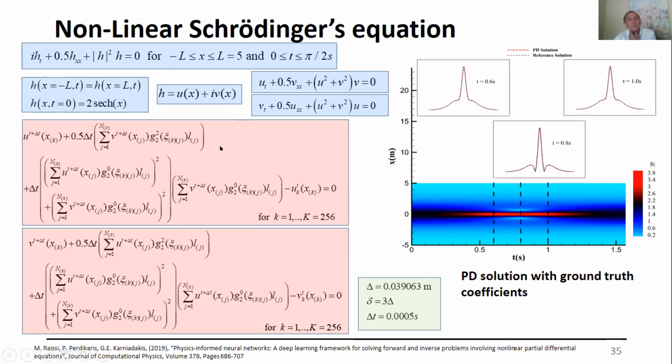So we end up with these two coupled equations for the real and the imaginary part of h, that's the unknown field. And discretization, everything else is the same as what I described before.